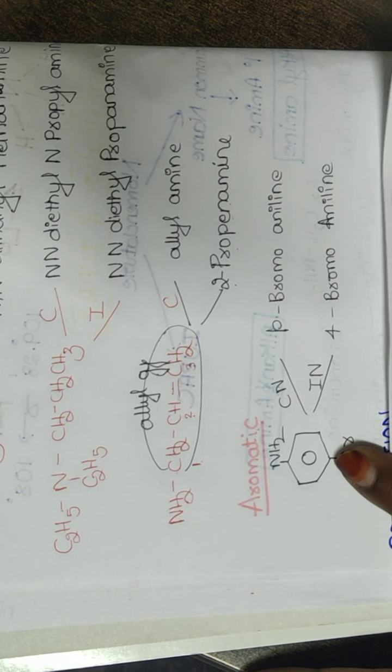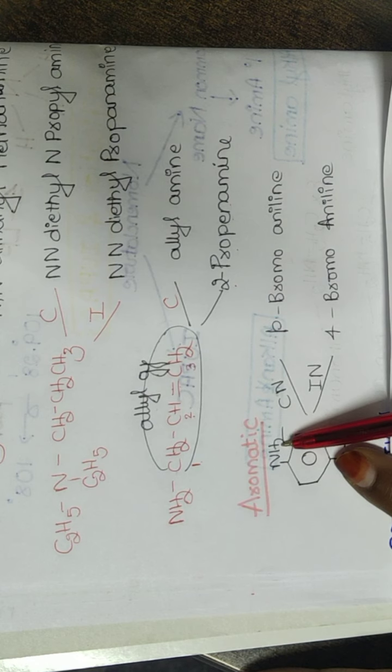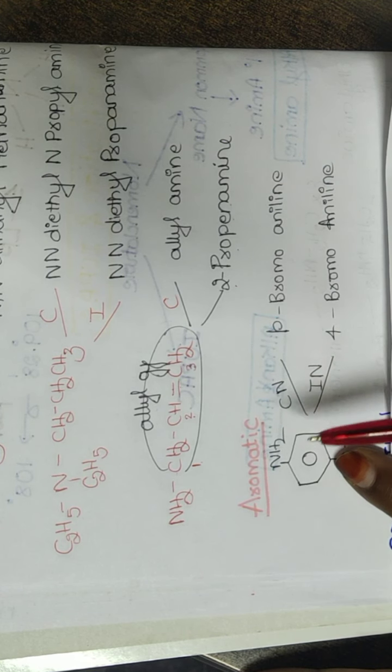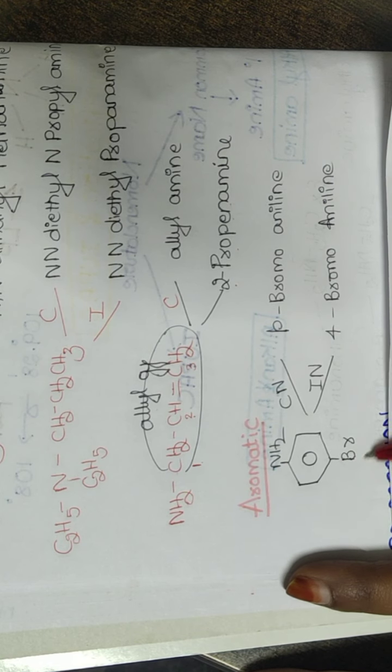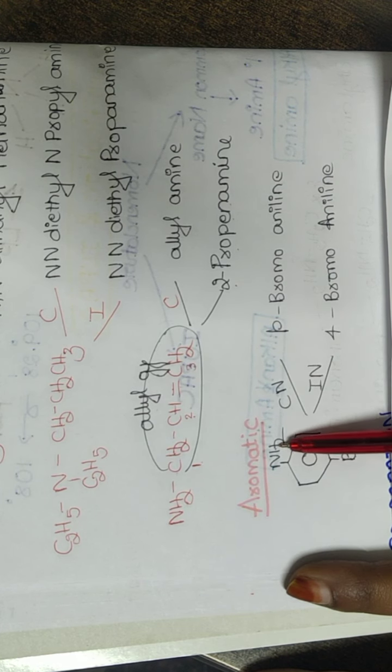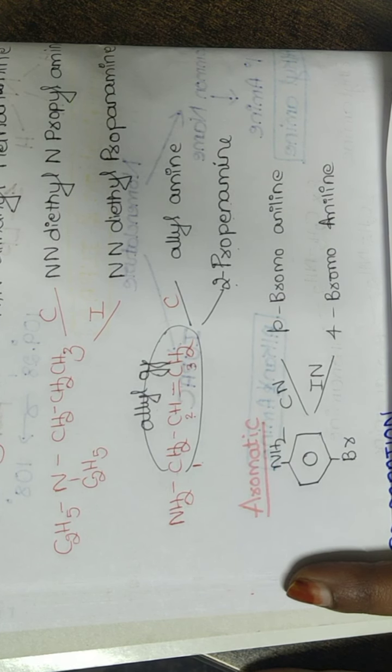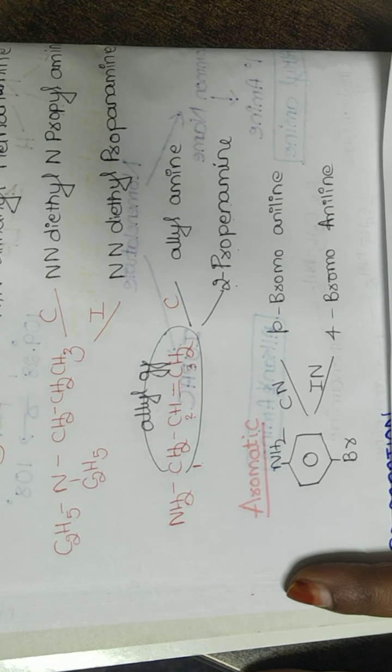Why primary aromatic amine? Because here the nitrogen has 2 hydrogens. So it is a primary aromatic amine, where we have one substituent, bromine, bonded at the para position with respect to the functional group. So how do we do the nomenclature?